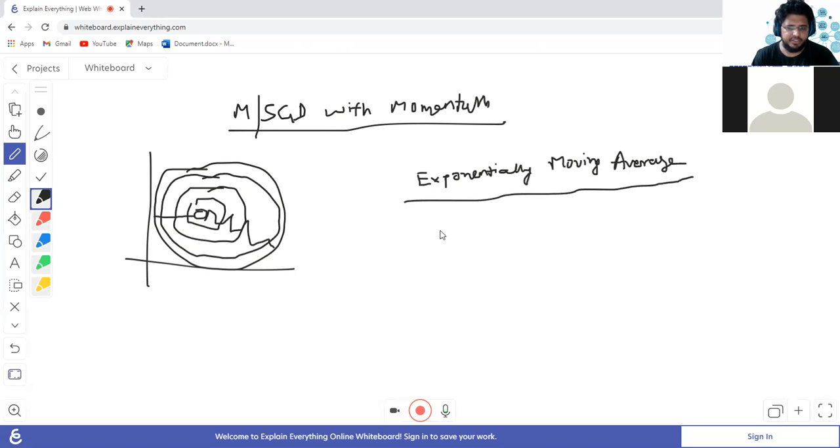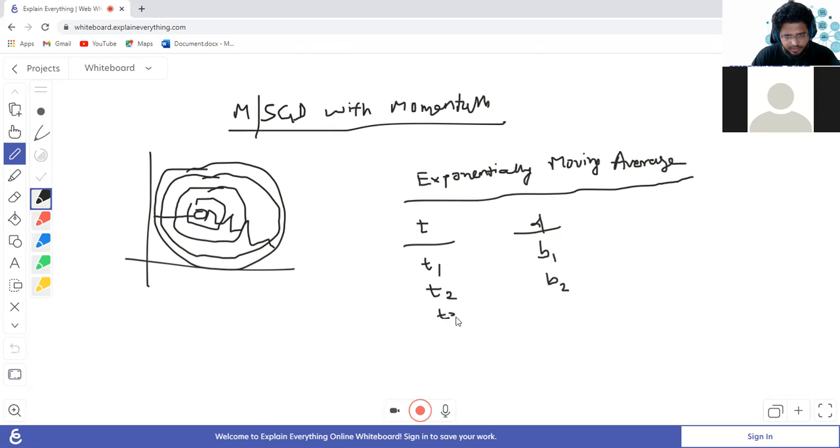Exponentially moving average. This is a concept. Imagine this is the time and this is the data. At time t1, you have data b1. At time t2, you have data b2.